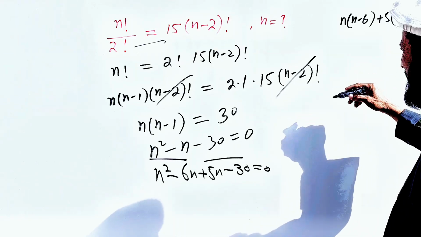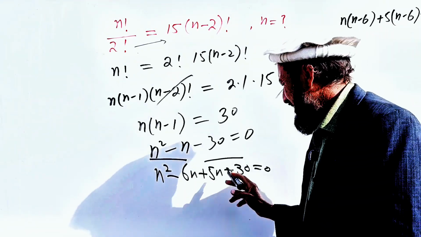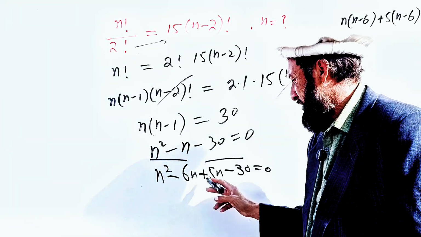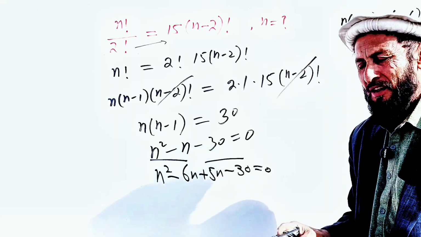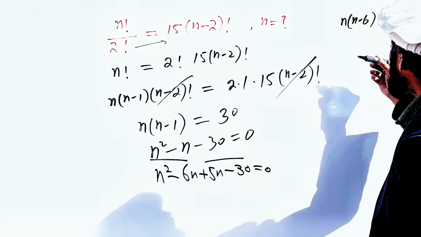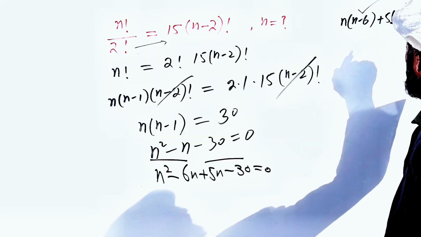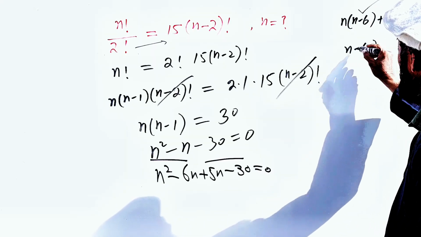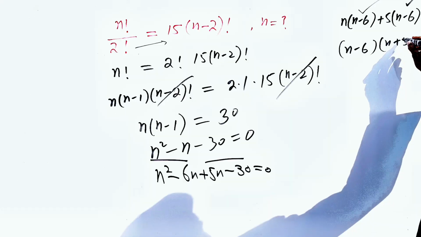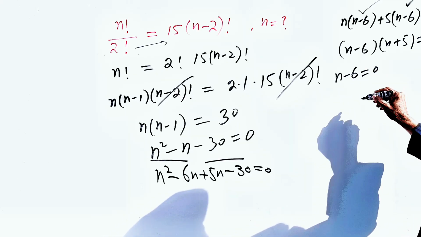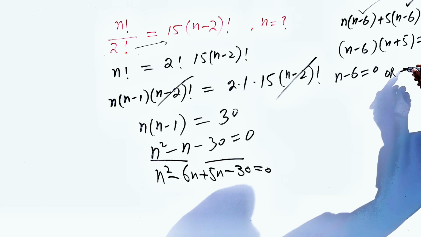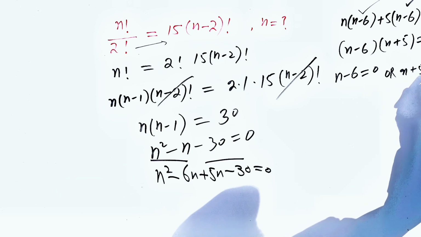So we have the mixture of factors here: minus 30, minus 6 plus 5, we get minus 1, and minus 6 multiplied by 5 we get minus 30. Now taking the common pair, n minus 6 into n plus 5 is equal to 0. It means that n minus 6 is equal to 0, or n plus 5 is equal to 0.